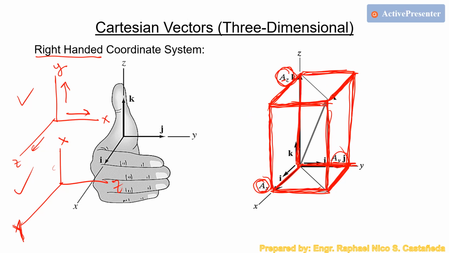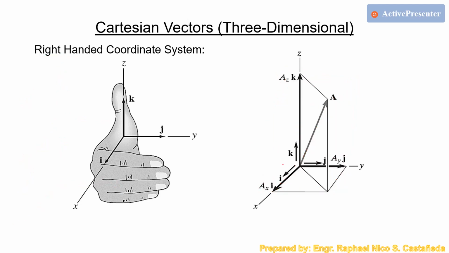Basically, it is measured from this point to this point, which is from one corner to the opposite corner. In other cases, I also use the concept of the triangle law, wherein the components are connected in a head-to-tail manner. In this case, for example, this one is AX, this is AY, and AZ is this one.